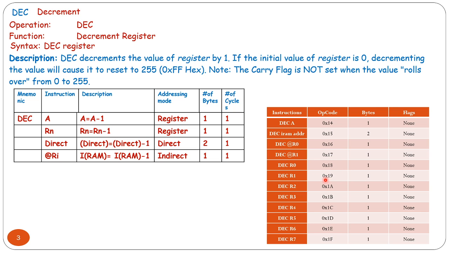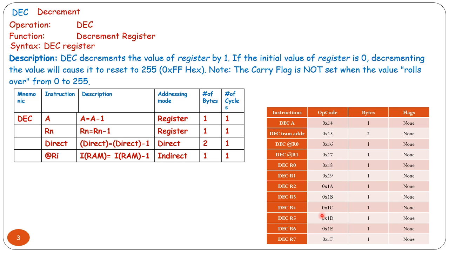Decrement R1. The content of R1 will be decremented by 1, having operation code 19H. Decrement R2, the content of general purpose register R2 decremented by 1, having operation code 1AH. Decrement R3, having operation code 1BH.